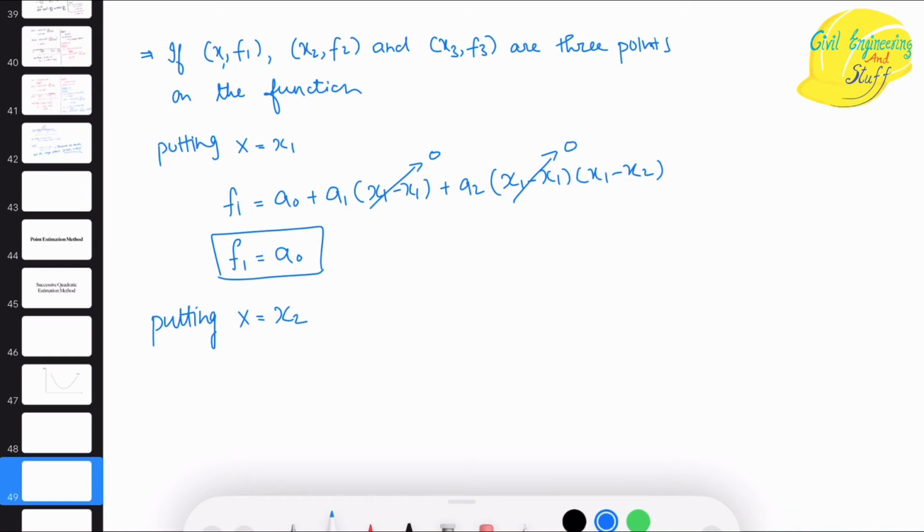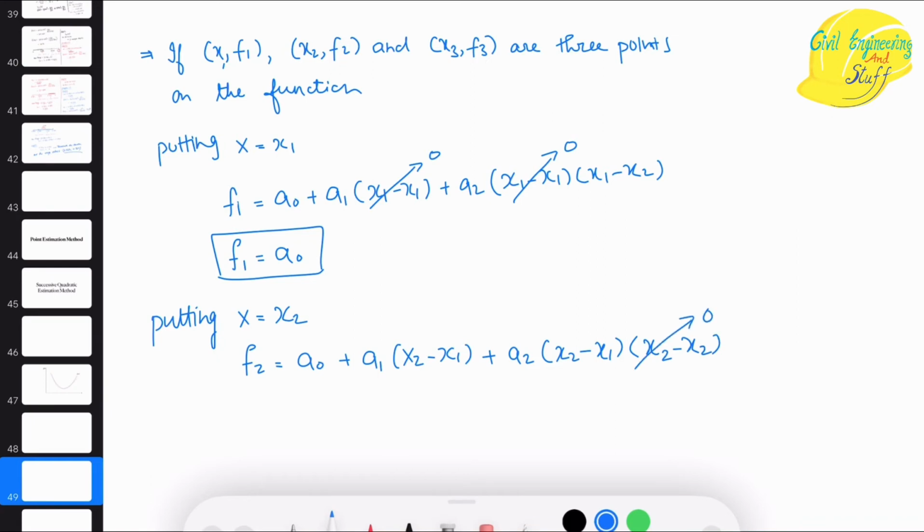So this will be f2 equals a0 plus a1 (x2 minus x1) plus a2 (x2 minus x1)(x2 minus x2). So this will become 0, right?